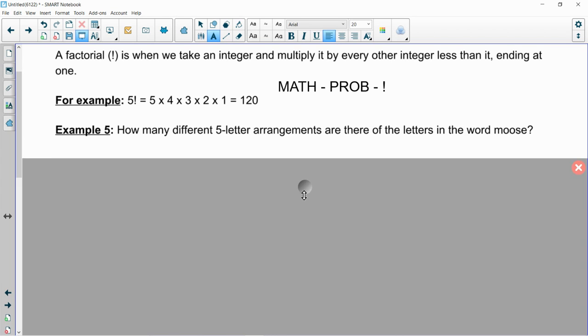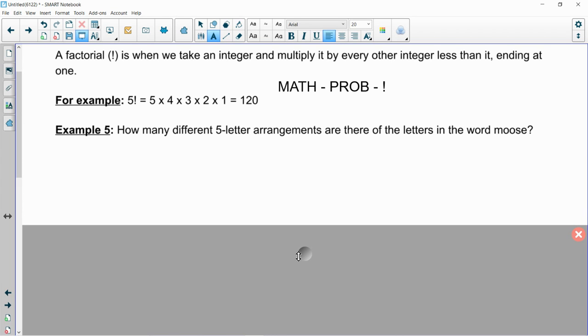I'll get the screen to go down. There we go. So here's the word moose. Moose is like the word books in that it has a repeating letter O. So there's a very easy way for us to handle this, and this is how we're going to do it. We're going to first take the number of letters in the entire word, whatever that number is, and figure out what its factorial is.